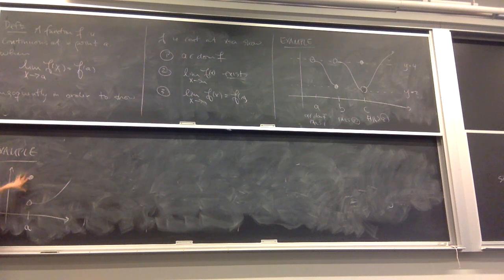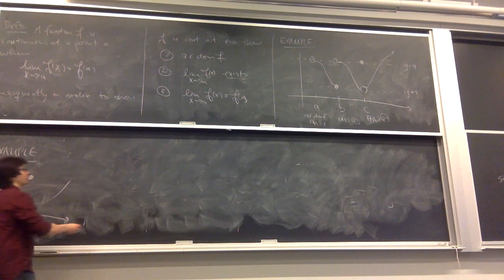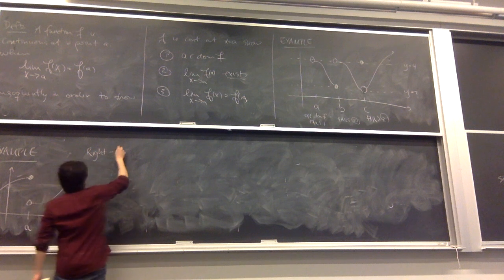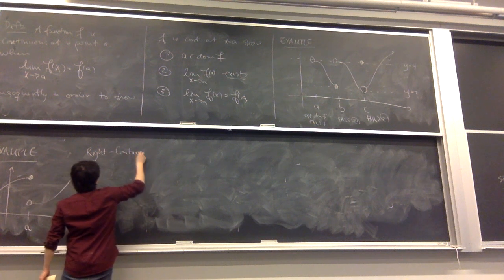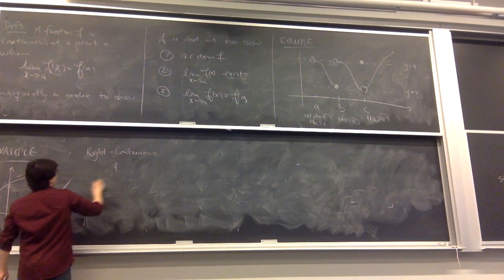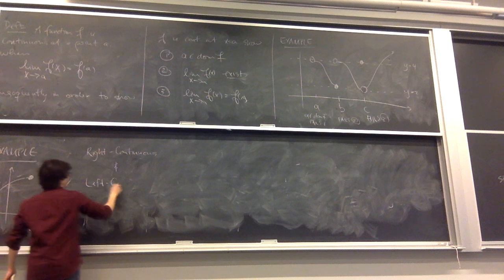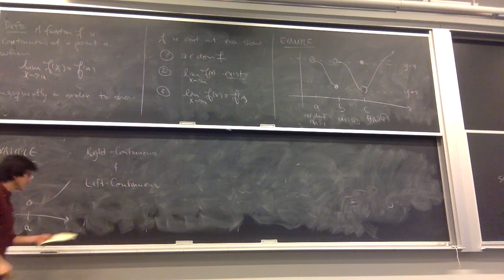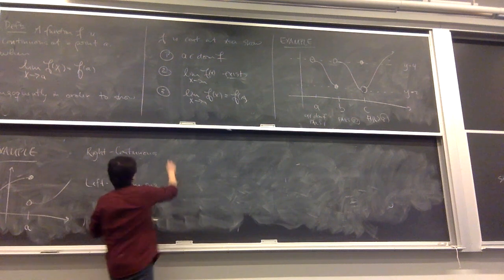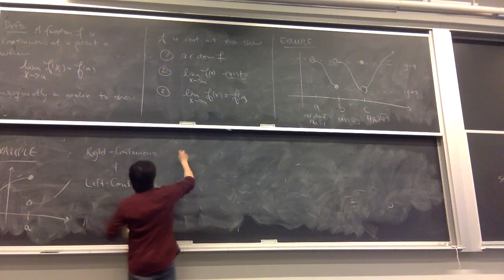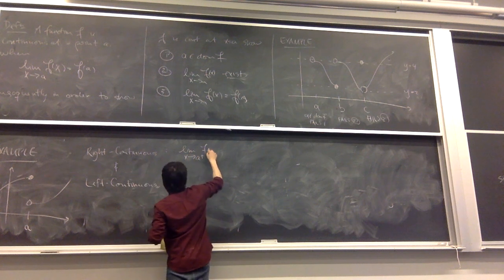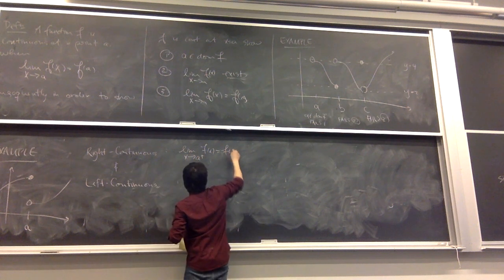So for this scenario, we actually designate 2 other terms, and those two other terms are right continuous and left continuous. Right continuous is when the limit of x goes to a from the right of f of x is equal to f of a.